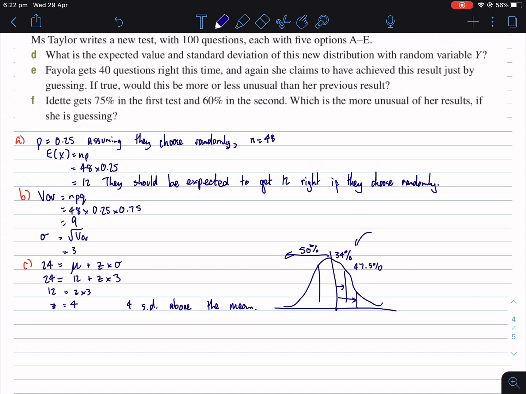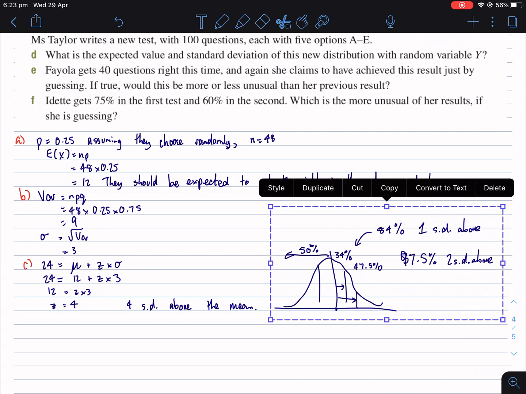So this one comes up as 84%, 1 standard deviation above. This one comes as 97.5% chance you won't get 2 standard deviations above. So 4 standard deviations is pretty much unheard of. You'll learn the actual numbers next time.